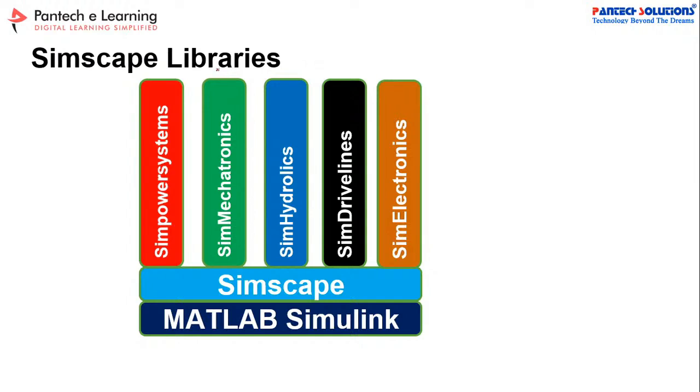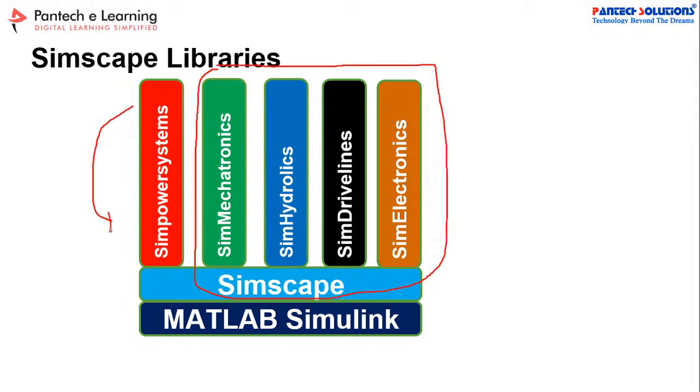These are all additional libraries which come with the Simscape library. By default, Sim Power Systems is the Simulink library, and in addition to that there are these four libraries. These four libraries will help you integrate all the multi-domain systems.